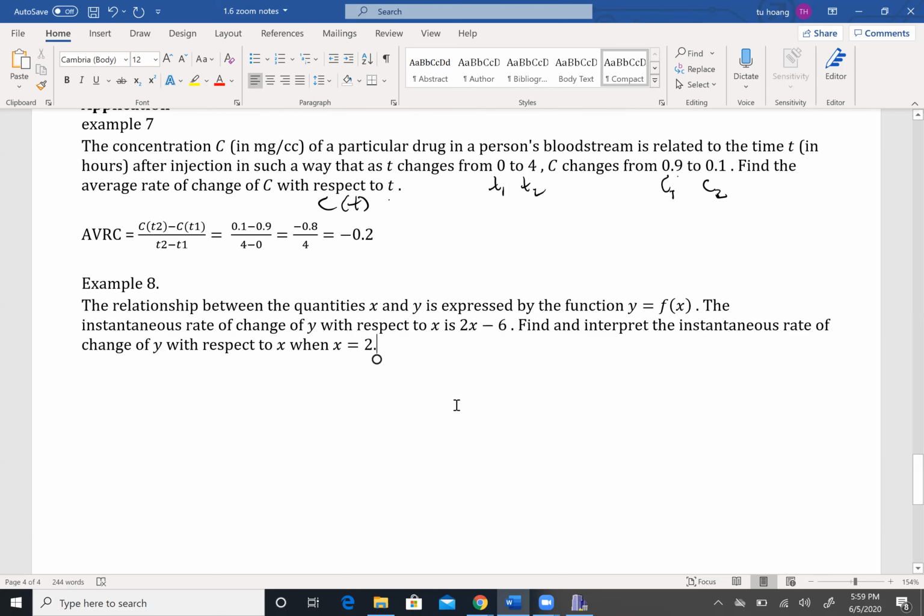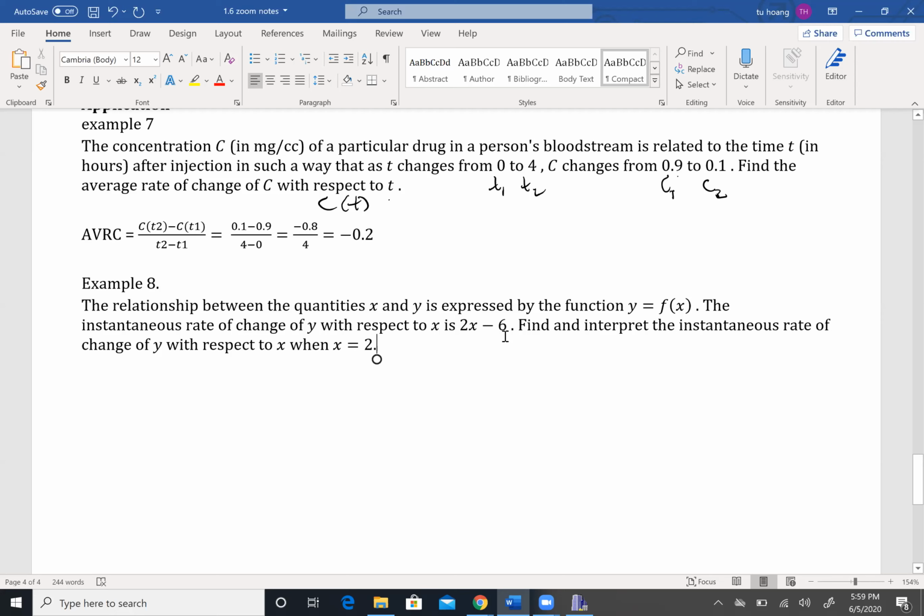So the relationship between the quantities x and y is expressed by the function y equals mx. Okay. The instantaneous rate of change of y with respect to x is 2x minus 6.